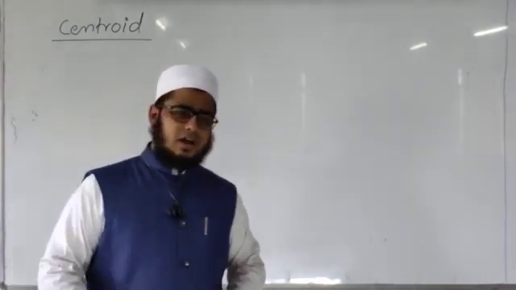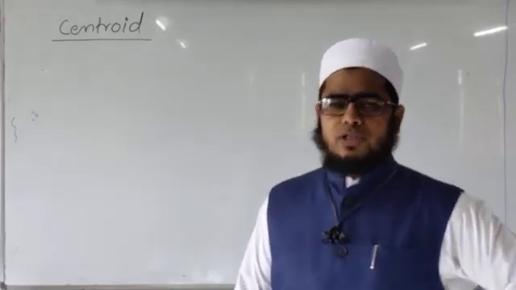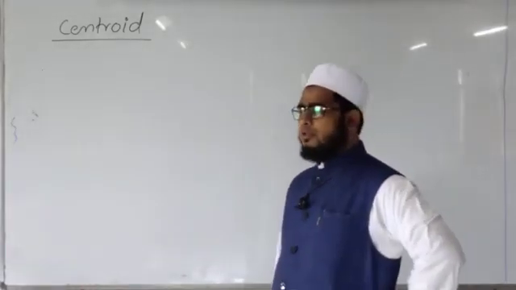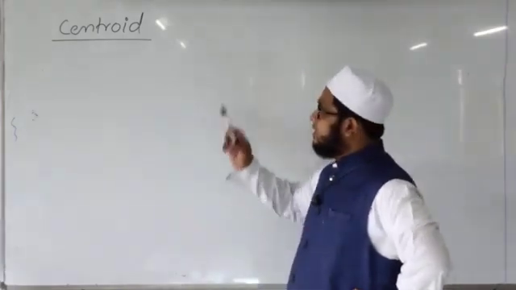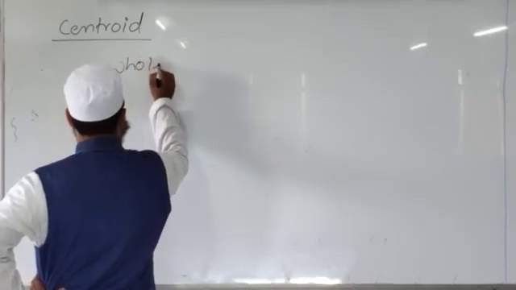That's why when two-dimensional figures are considered, the point about which the whole area of the object is supposed to be concentrated is called the centroid of the object.